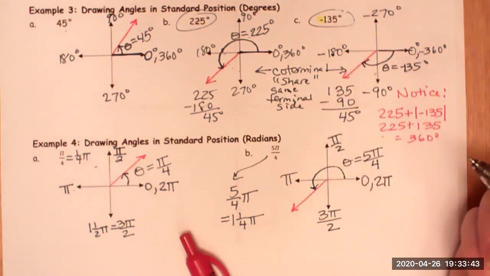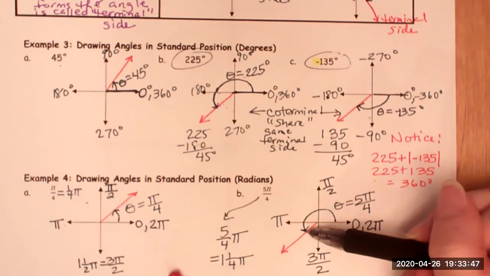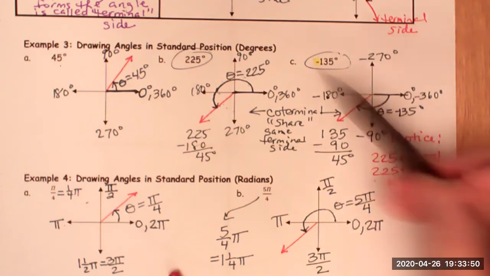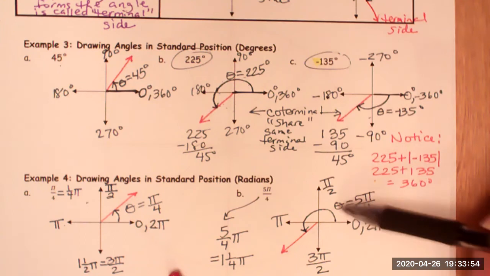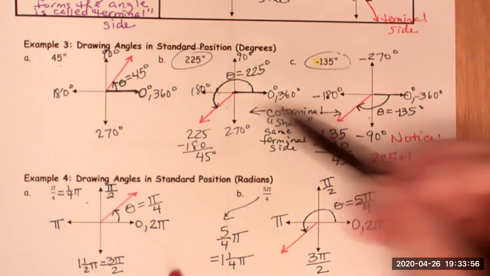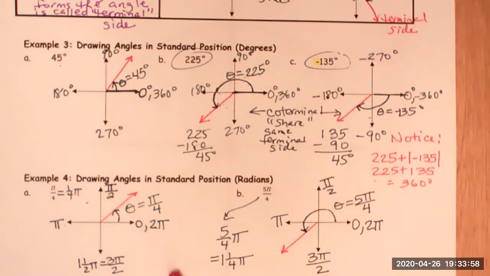Okay? Now what you'll notice is, see this terminal side? Look at B and C up here. And you'll notice that 5 pi over 4 radians is equivalent to 225 degrees. Okay?